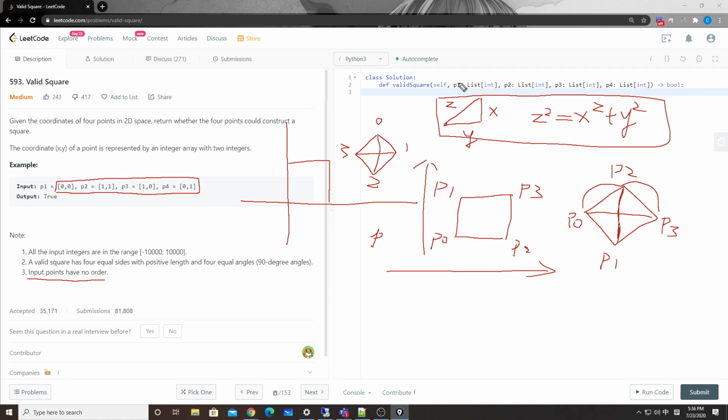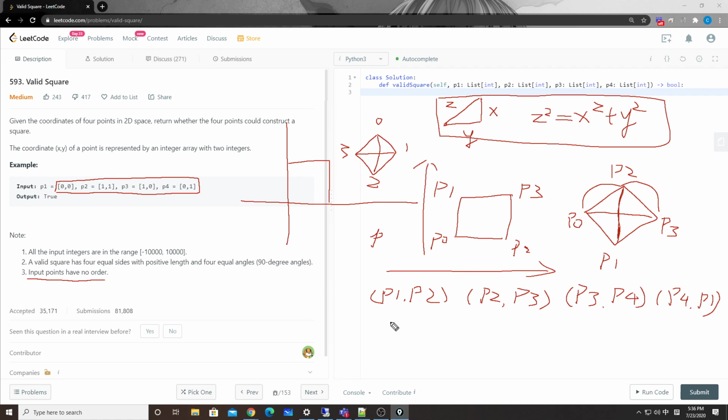P1 to P2, P2 to P3, and then P3 to P4, P4 to P1, right?